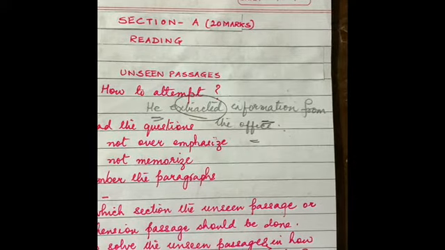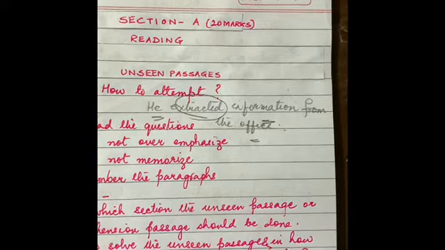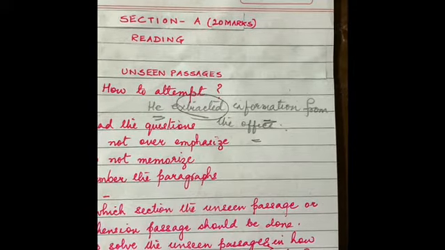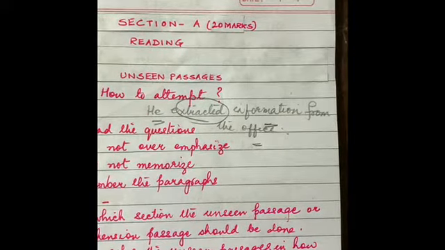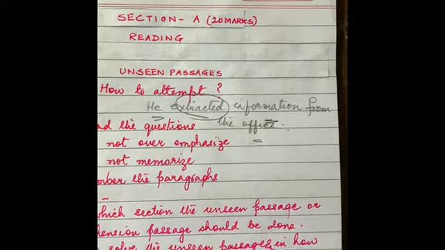And you keep the word extracted with you in your mind. And even if you do not know its meaning, no problem at all. You again make yourself understand that he extracted the information from the office.